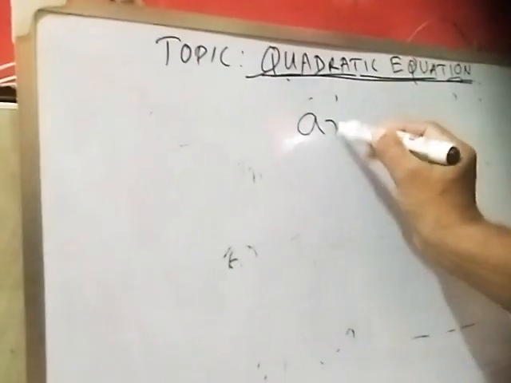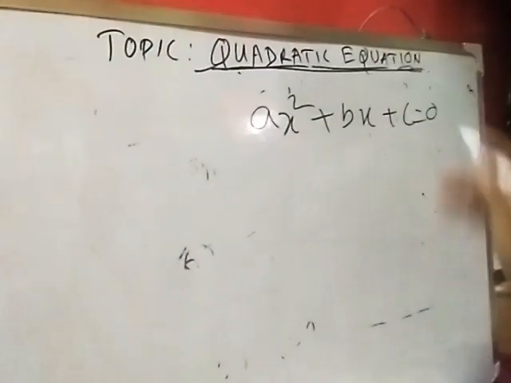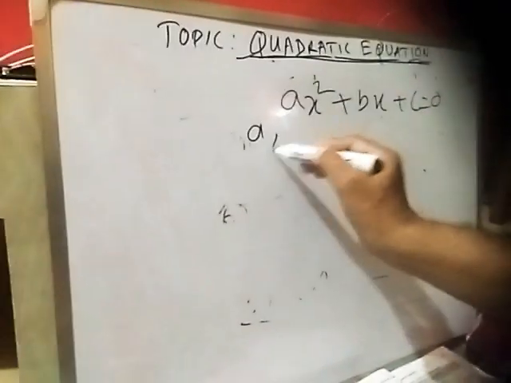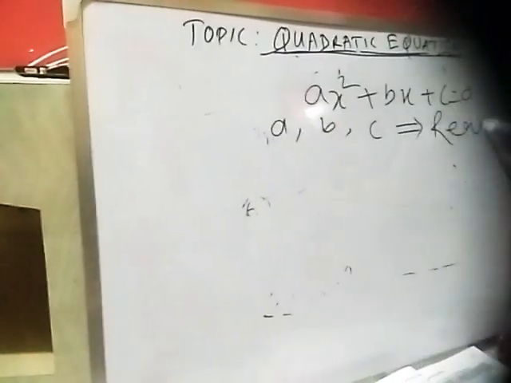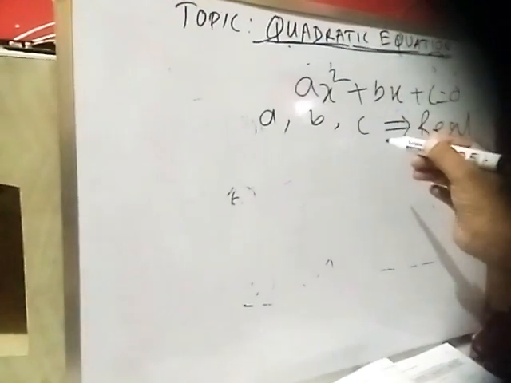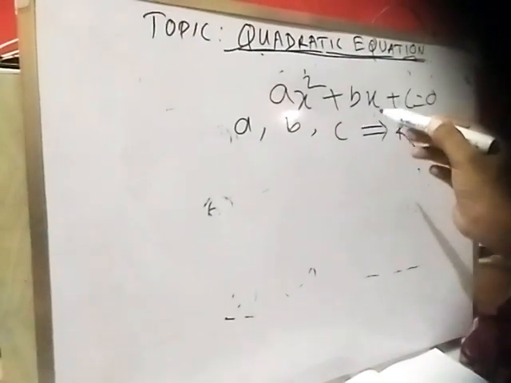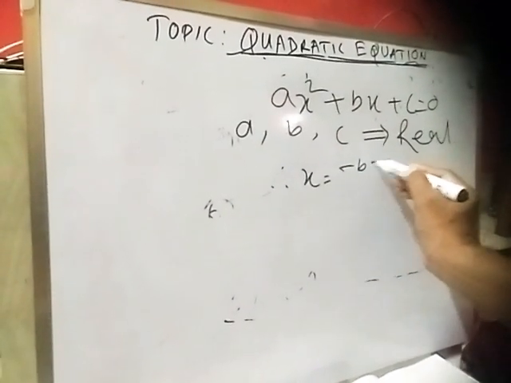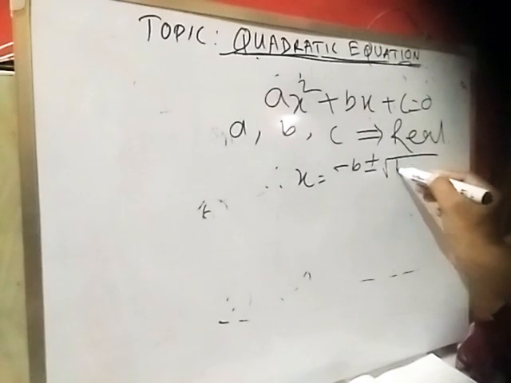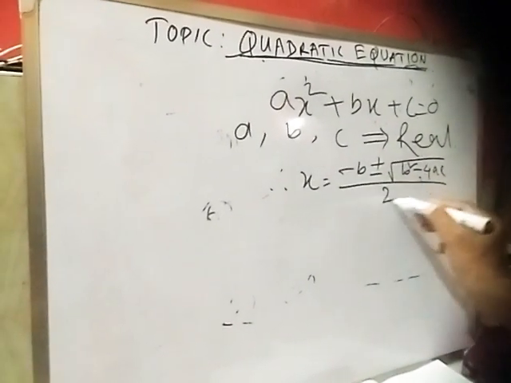This is ax square plus bx plus c equal to 0. This is a quadratic equation you just told me, isn't it? Where a, b, c are real. Next, if we solve this, then the solution is like this: x equal to minus b plus minus root over b square minus 4ac by twice a.